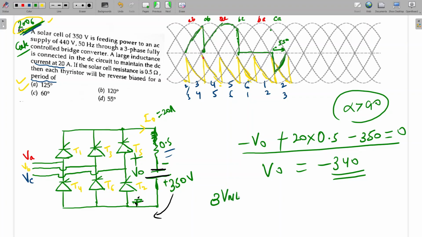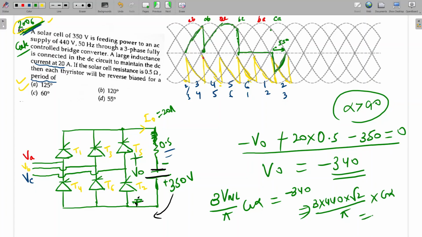3 V_ML upon pi into cos alpha should be equal to minus 340. What is the V_ML? 440 is the RMS value. So 3 into 440 into root 2 divided by pi into cos alpha equals minus 340. From here we can calculate the value of alpha.